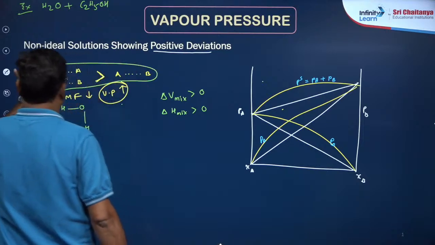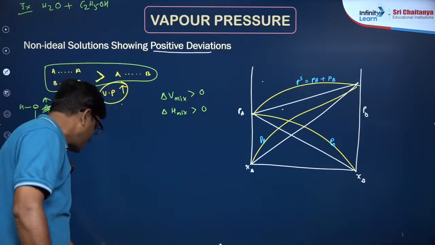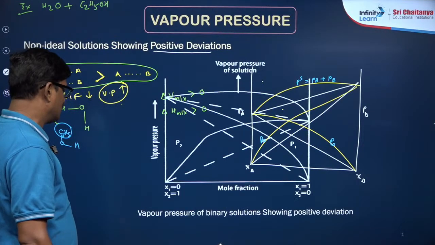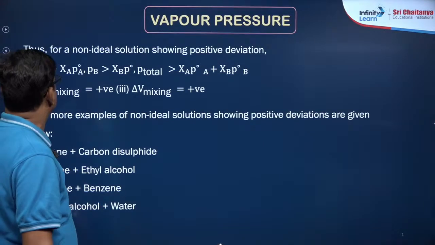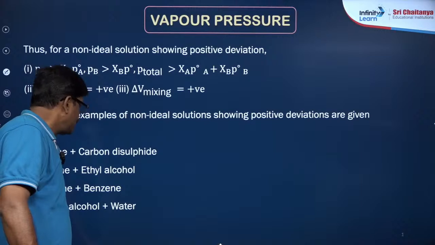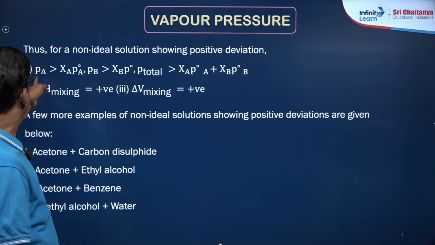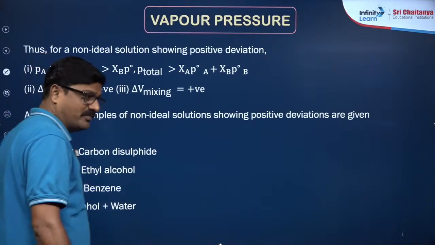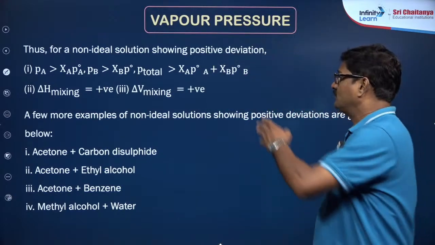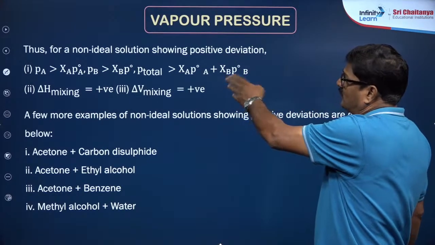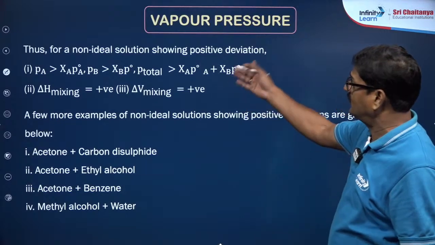Now this is the entire thing I want to give you as a graph. This is for a non-ideal solution showing positive deviation. PA is greater than mole fraction of A times P naught A, and PB is greater than mole fraction of B times P naught B, P total is greater than that.